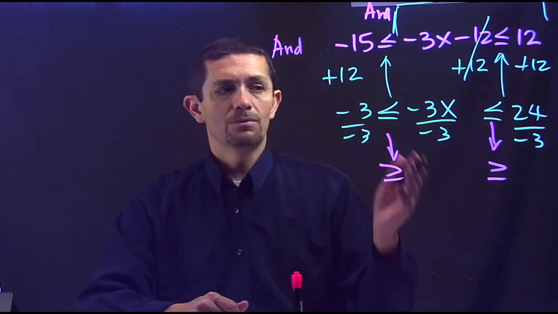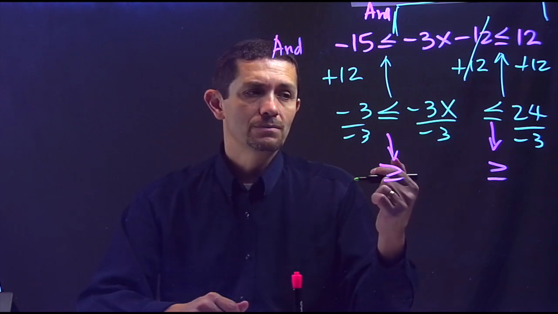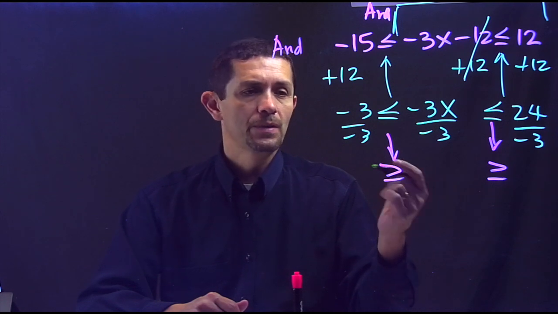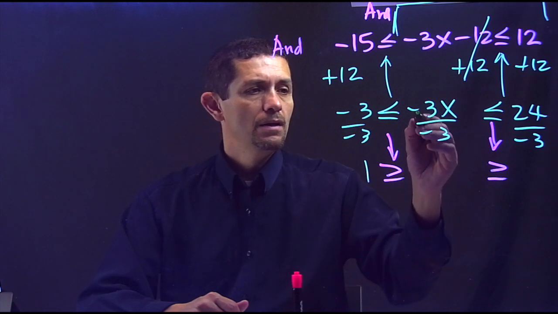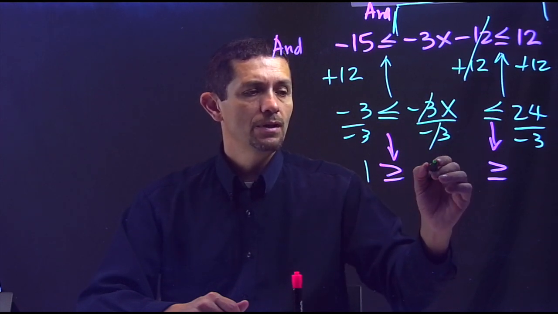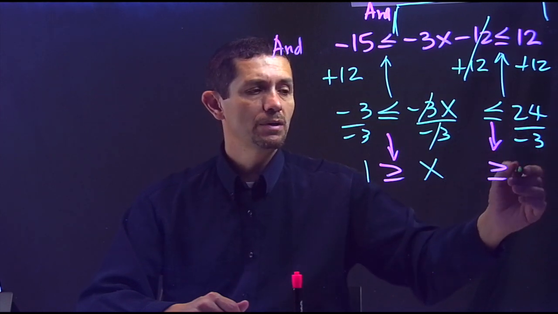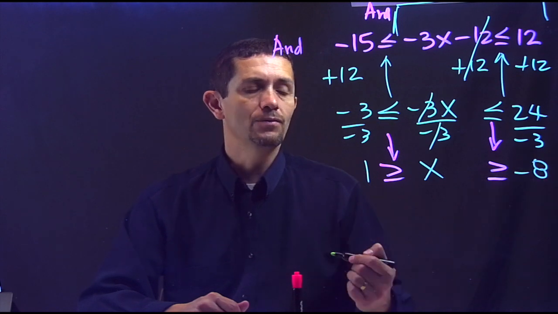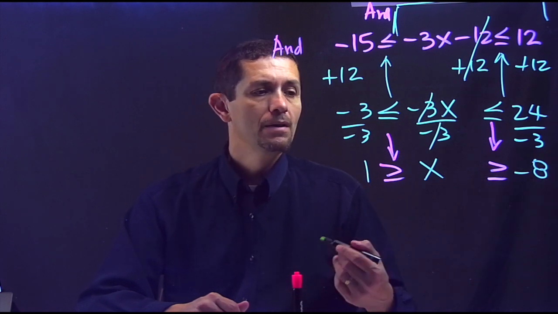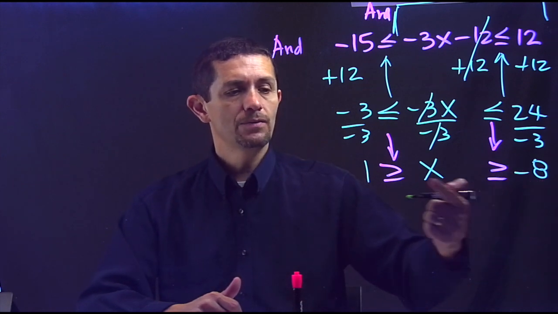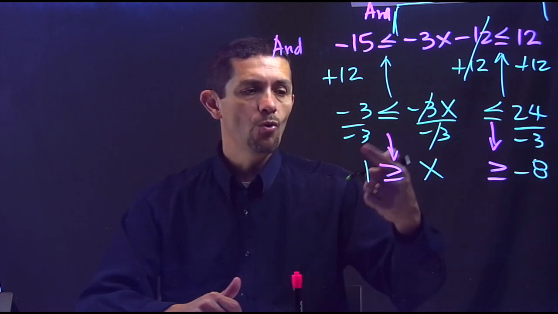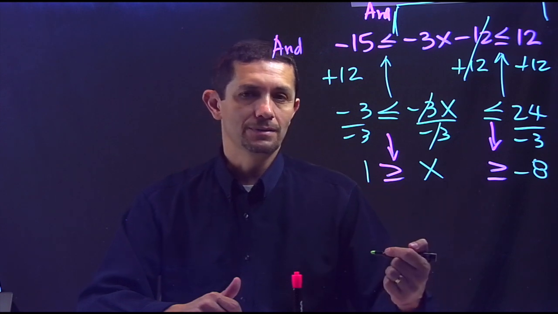Other than that, I just need to solve the same way that I always do. Negative 3 divided by negative 3, positive 1. The negative 3 cancels with the negative 3, and I have an x. 24 divided by negative 3 is going to be negative 8. Now, in this case, I notice that I have a 1 and a negative 8, so I have to organize this.